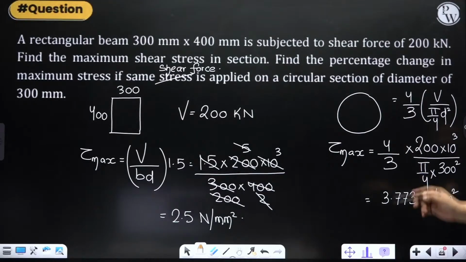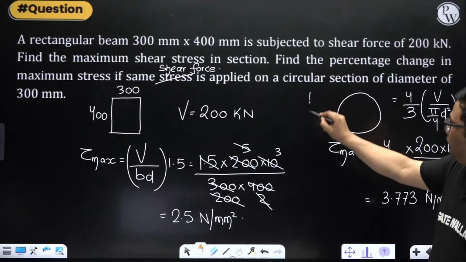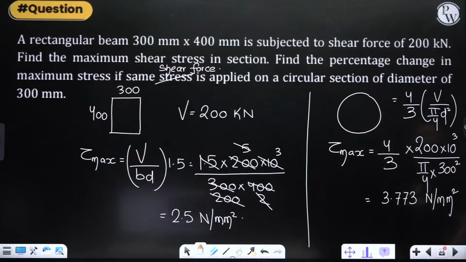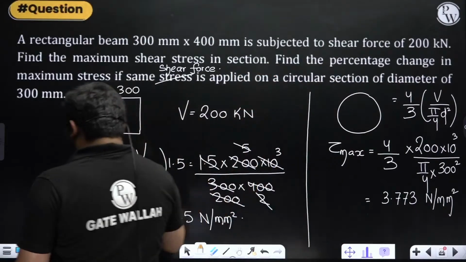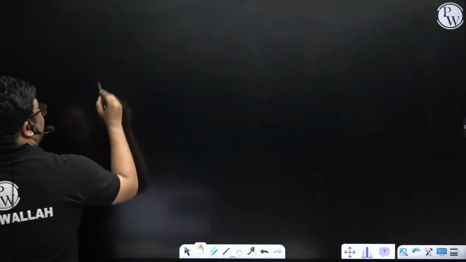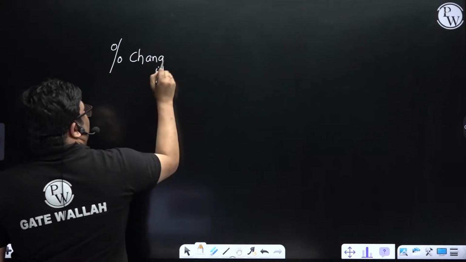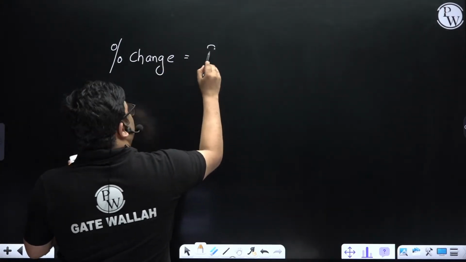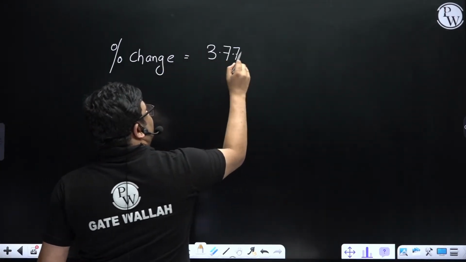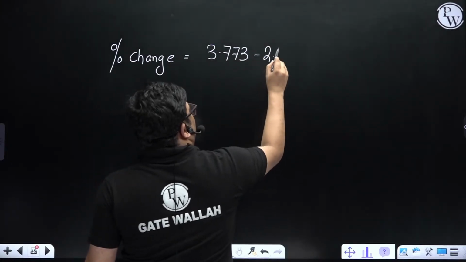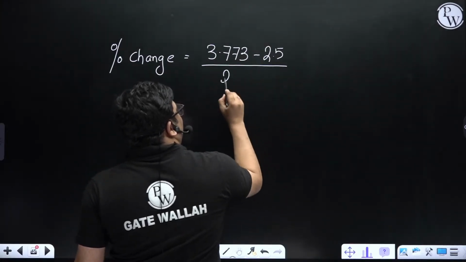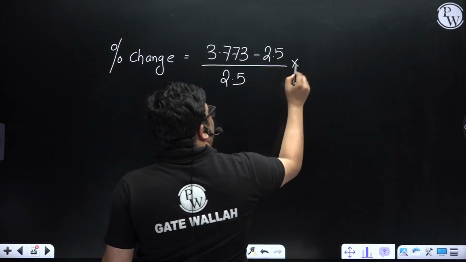Okay. So if it is a rectangular section, I am getting 2.5. If it is a circular section, I am getting 3.773, right? So what is asked? The percentage change. It changed to 3.773 from 2.5, so the original is 2.5.